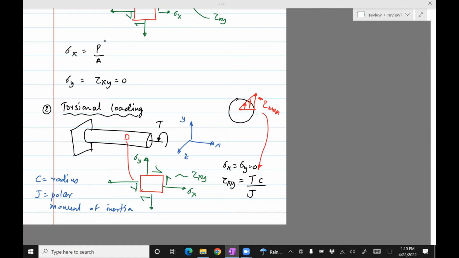Right? It is when you put the radius of C, then you have the maximum stress. And then if you want to find the stress anywhere else, you just divide it by the appropriate radius, and that will give you the shear stress at a different surface. But most times we are interested in the shear stress at the outer surface because that's the maximum stress. Okay, so torsional loading, let's do shear force and bending moment, and then we can get started with problems.